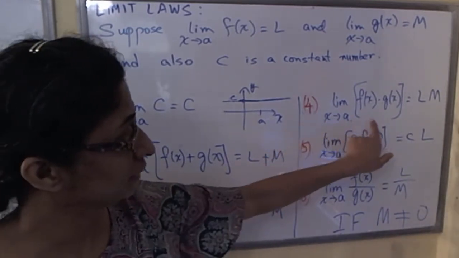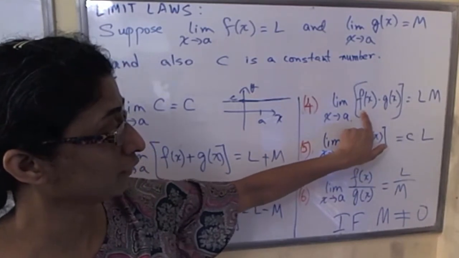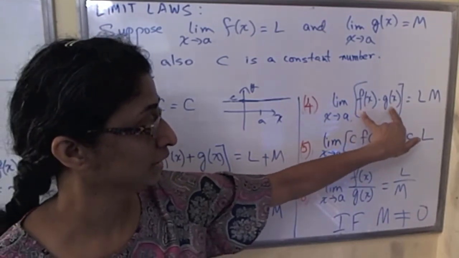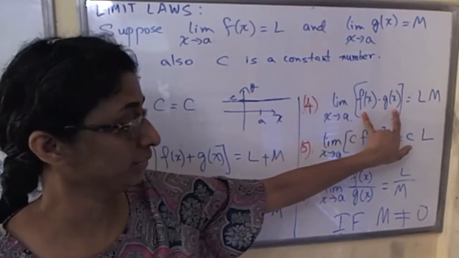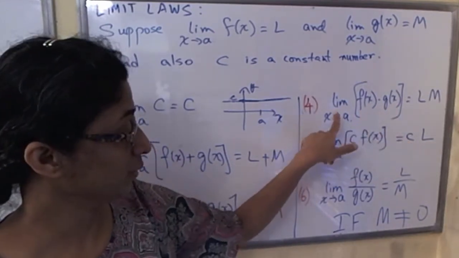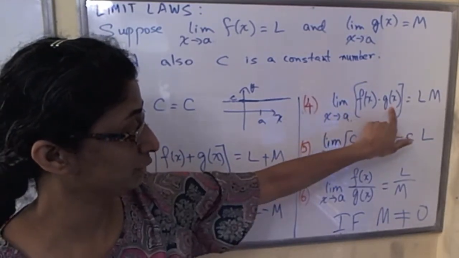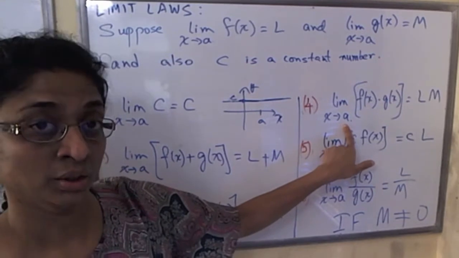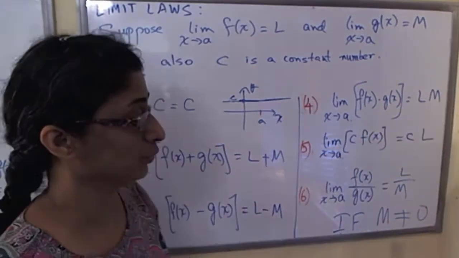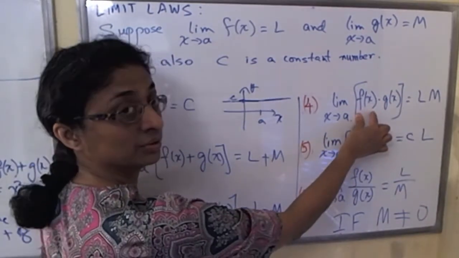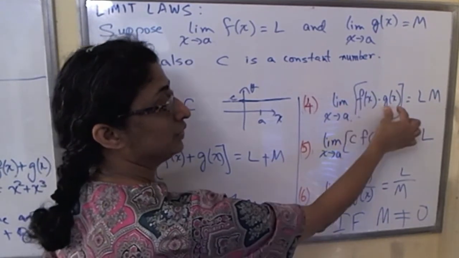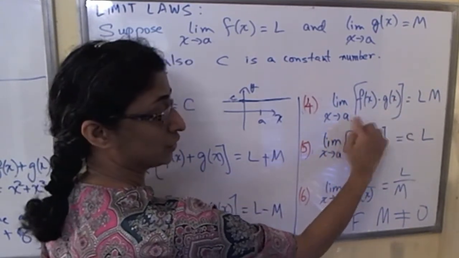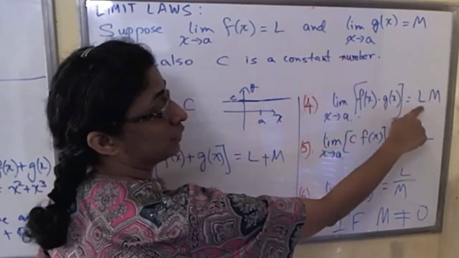And here we have the product law for limits. If you have two functions and you're multiplying them together to create a new function, and you would like to find the limit of this new function as x approaches a, what this law is saying is it's okay to find the limit of this function and then the limit of this function separately as x approaches a, and then multiply those two numbers together.